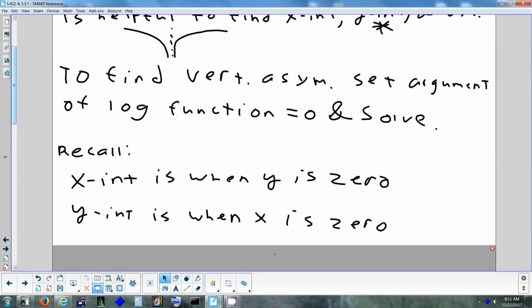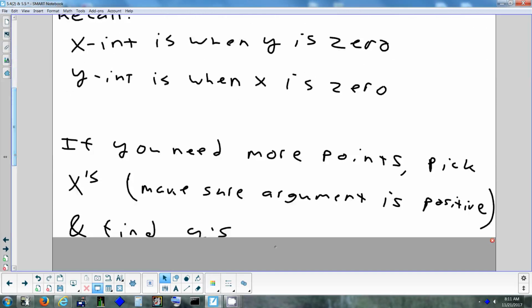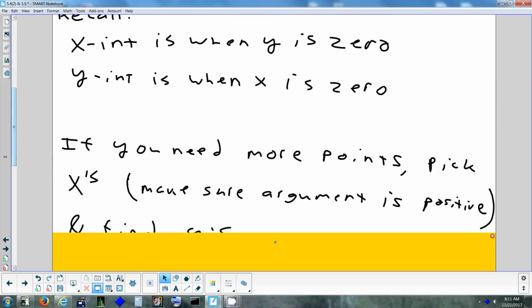All right, I usually find a couple points after that because I want to get an idea of the curvature of the graph. But remember, your graph only goes in one direction. So once you find your vertical asymptote, your graph is going to be either values from that asymptote bigger or from that asymptote smaller.